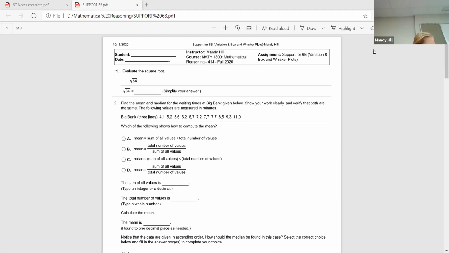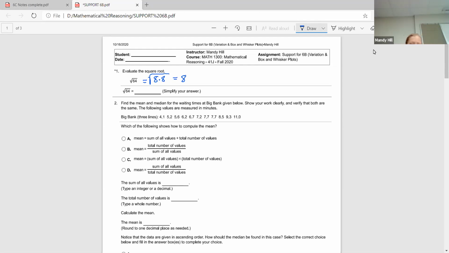We know that 8 times 8 is 64, so that would be the answer to that problem. You can break 64 into 8 times 8, and what you're looking for is two numbers that are exactly the same that are going to give you that value of 64. So we're going to say on that one that the answer is just 8.